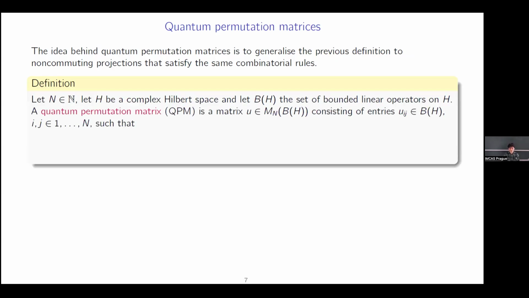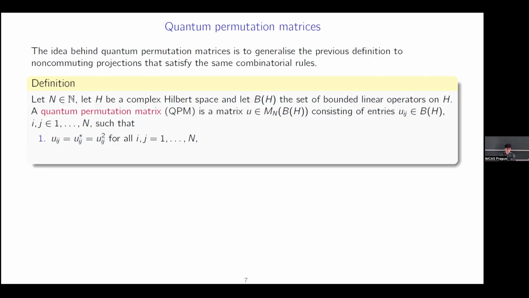We define a quantum permutation matrix as an n-dimensional square matrix made up of entries that are bounded linear operators on this Hilbert space. Call those entries u_ij, with i and j ranging from 1 to n, such that the following properties hold. First of all, we want each of the entries u_ij to be equal to its Hermitian conjugate, and we also want these to be projectors.